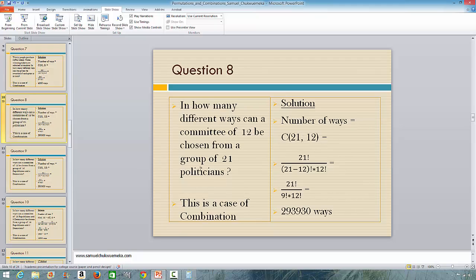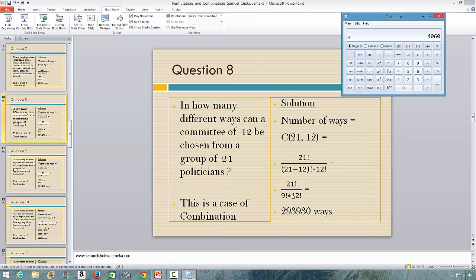It's a case of combination because they didn't specify, for example, in how many different ways a president, a vice president, and a secretary can be chosen from a group of 21 politicians. They didn't say that. They just said a committee of 12, which could be anybody. So that's the case of combination.